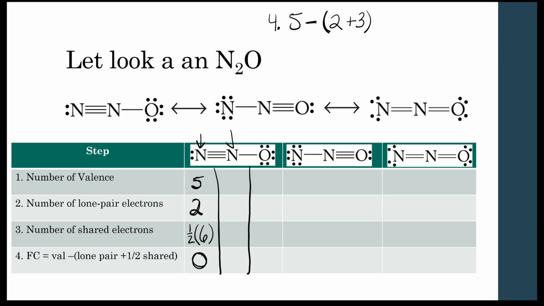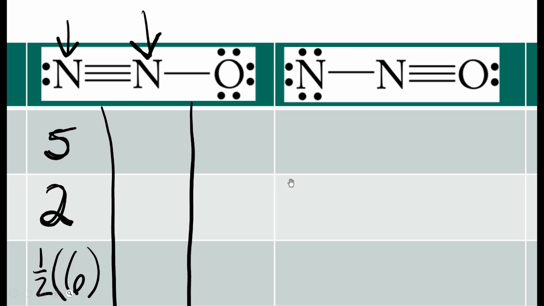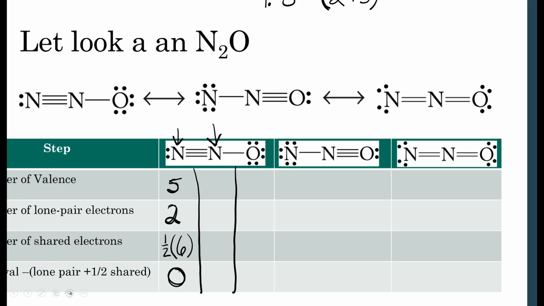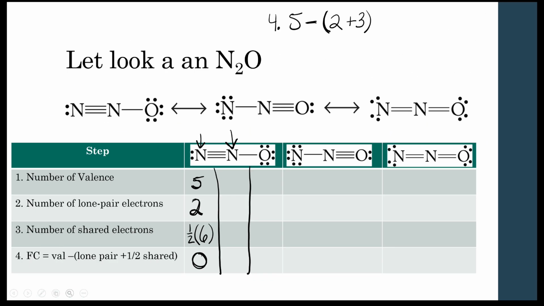Okay. So let's do the formal charge on this central nitrogen. So let's do 5 valence electrons. How many lone pairs does that central nitrogen have? Yeah, he's got 0. Number of shared electrons. So he's sharing 8 electrons.